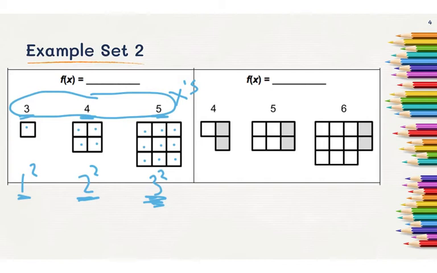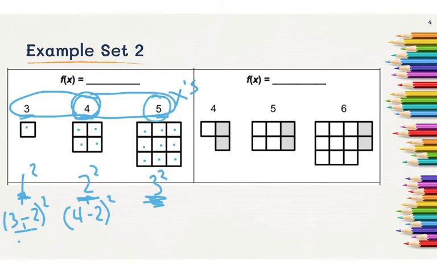So to turn this 3 into a 1, I'm going to take away 2 from it, right? So 3 minus 2 gives me that 1. All right. Now over here, my x value is 4. 4 minus 2 is 2. And then I can square it. Once it's at 2, then I can square it.